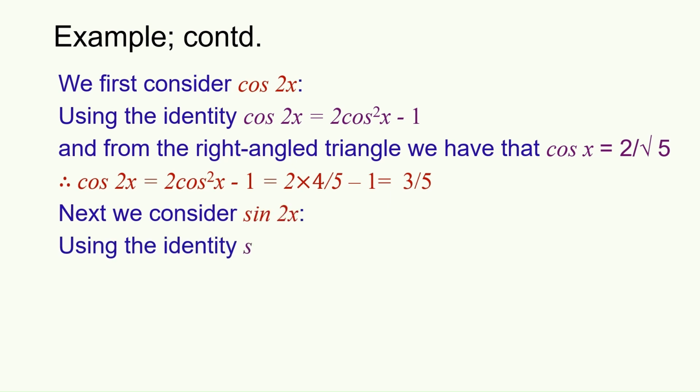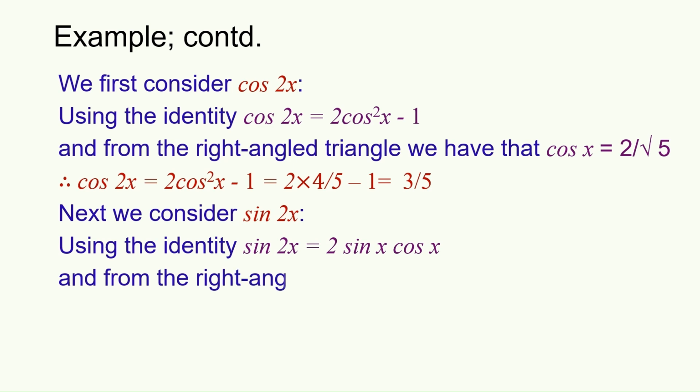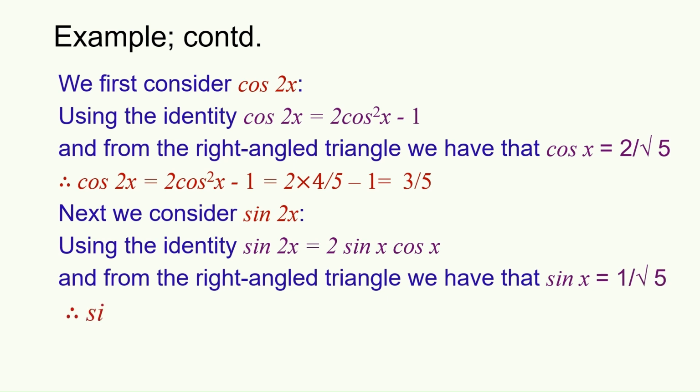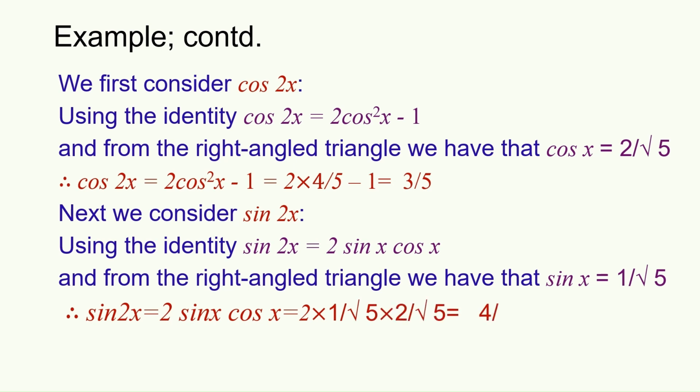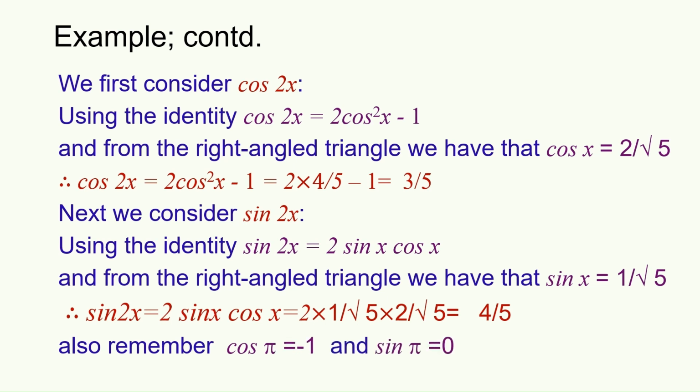Next, we consider sin 2x, using the identity sin 2x equals 2 sin x cos x. From the triangle, sin x equals 1 divided by square root 5. Therefore sin 2x equals 2 times 1 divided by square root 5 times 2 divided by square root 5 equals 4 divided by 5. Also remember cos pi equals minus 1 and sin pi equals 0.